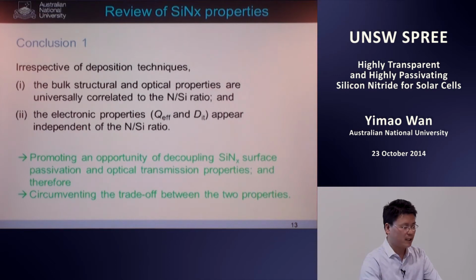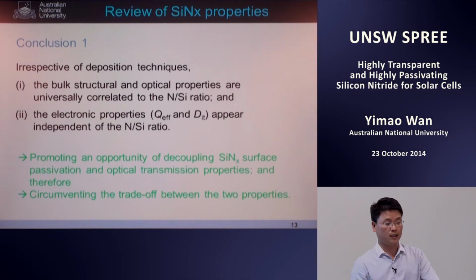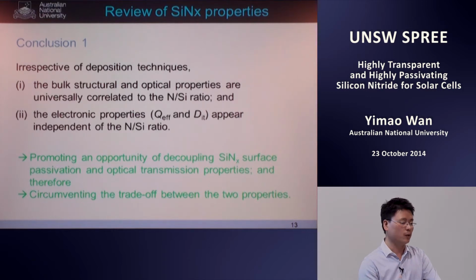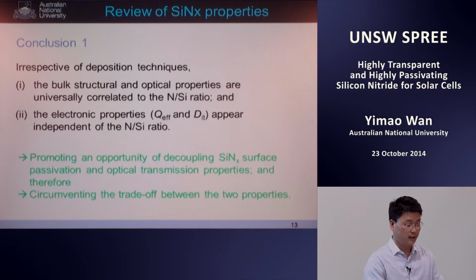Yeah, and let me give a simple conclusion or summary of the first review part. So we found that, irrespective of the deposition conditions or techniques, the bulk structure or optical properties are universally correlated to the atomic ratio, but the electronic properties, including charge or Dit, appear independent of the atomic ratio. And this is a significant finding.